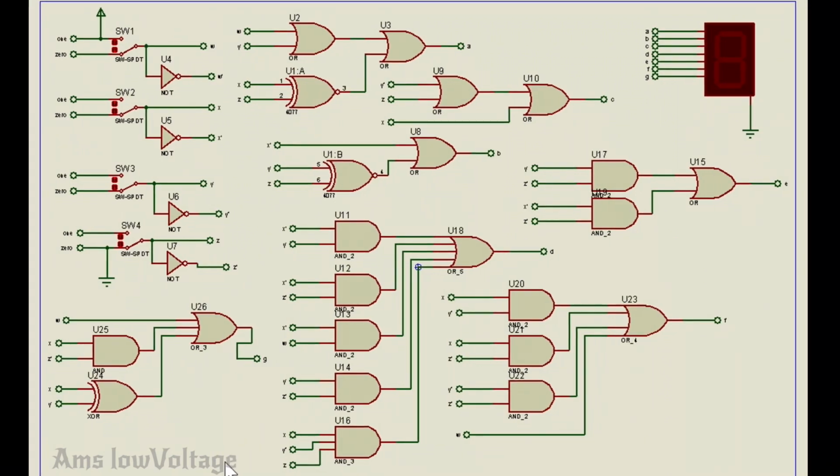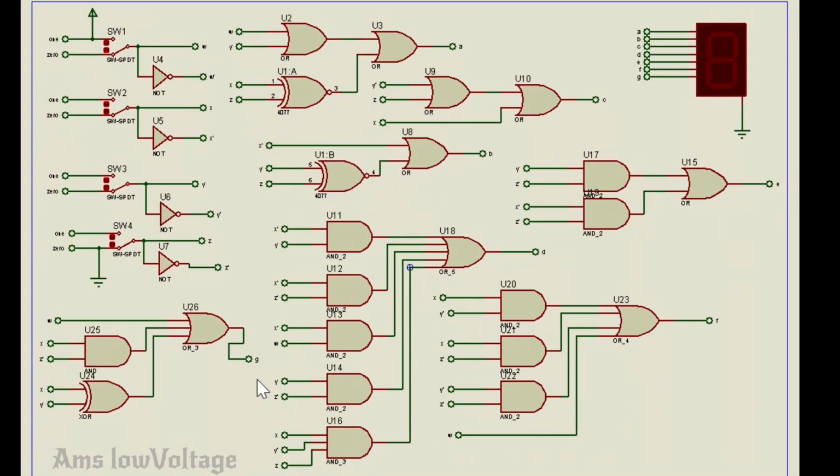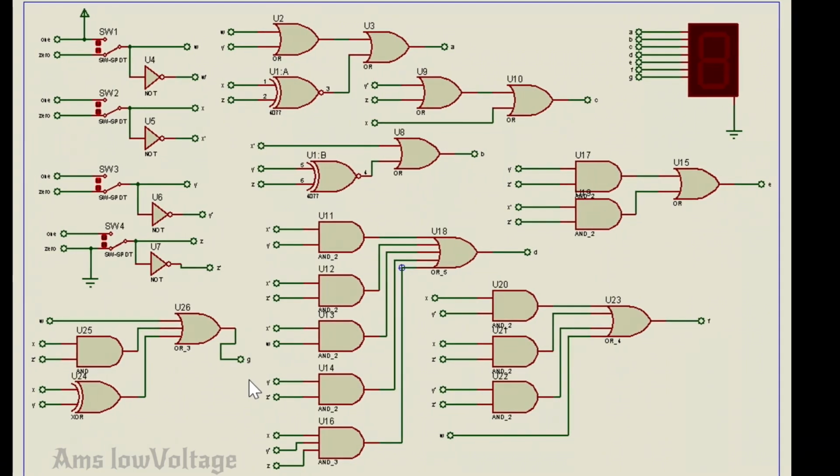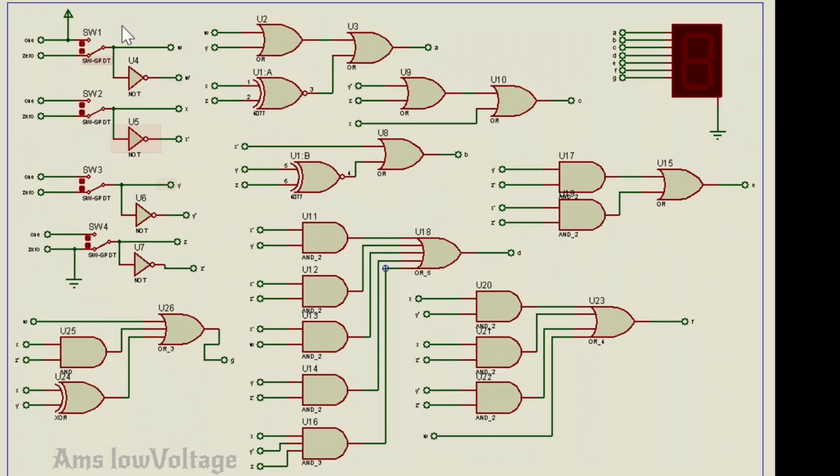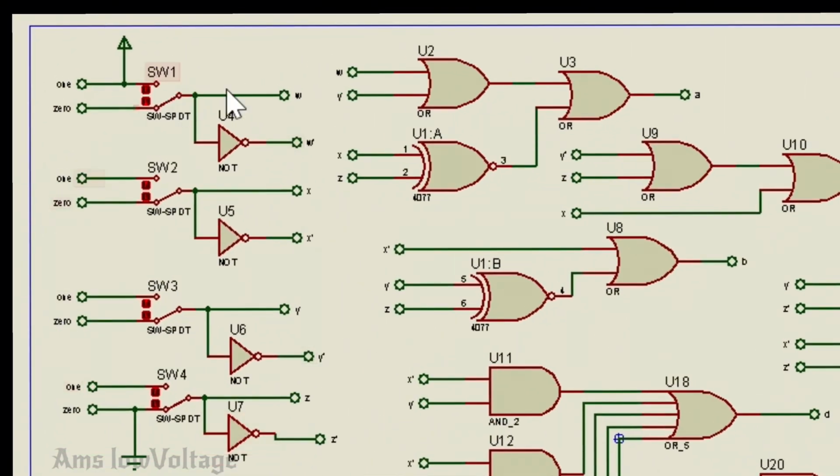I have got this Proteus program here, and in this Proteus I drew this circuit according to our equations, and here is the input section. In this input section I have here w, x, y, and z.